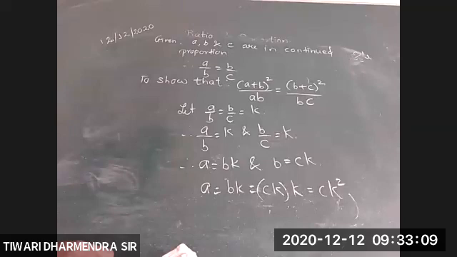So now A equal to BK, or at last you can say A equal to CK square. So instead of BK, I'll be using the substitution for A as CK square. Hope you understood this.